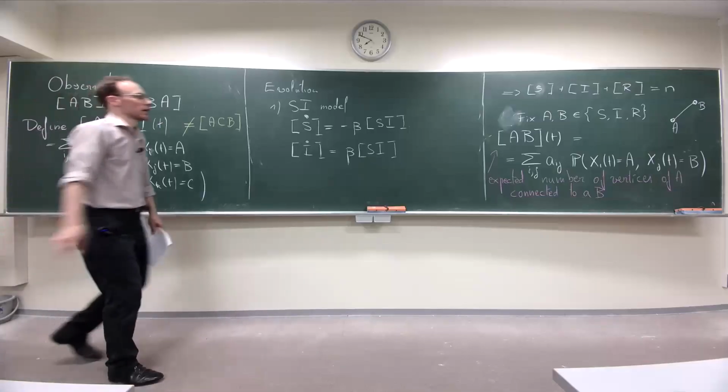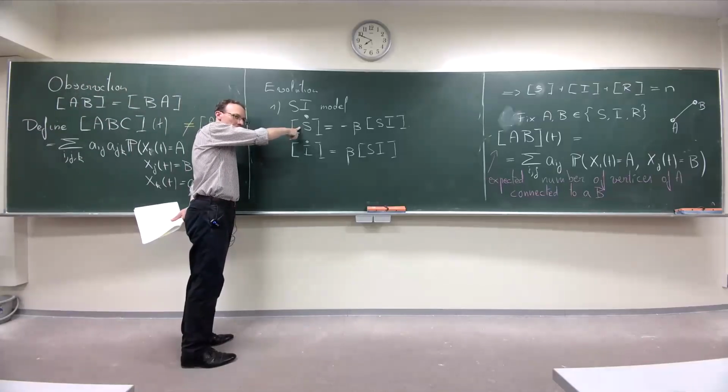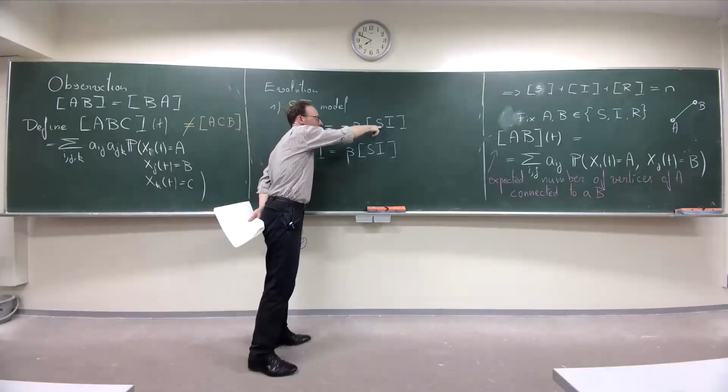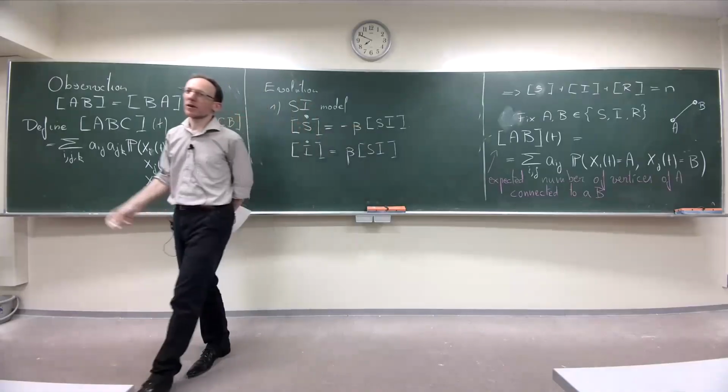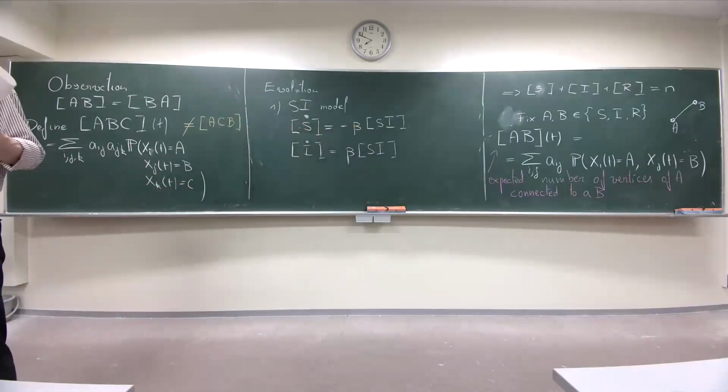Because look, the variation of S has to be related to the fact that S is next to I, because if S is not connected to I, if it is only connected to other S, there is no possibility of a change.